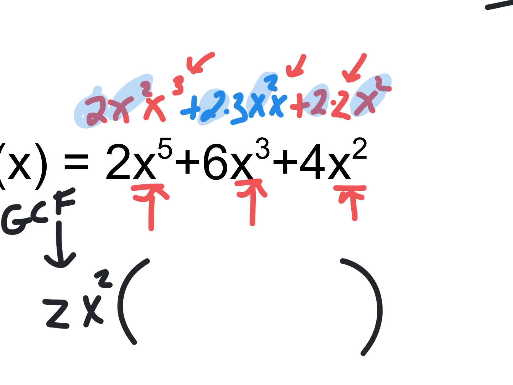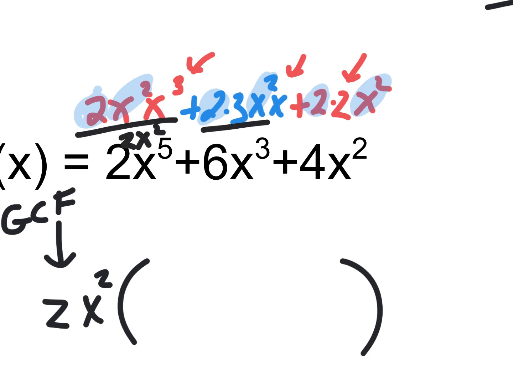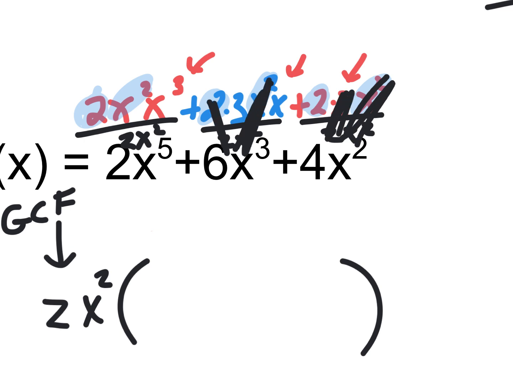So then what do you put in there? My best tip for that is divide everything by 2x squared. And if I divide all of these, I already kind of cleaned them up there. I'm going to divide by 2x squared here and here and here. And then this cancels and this cancels. The 2's cancel.